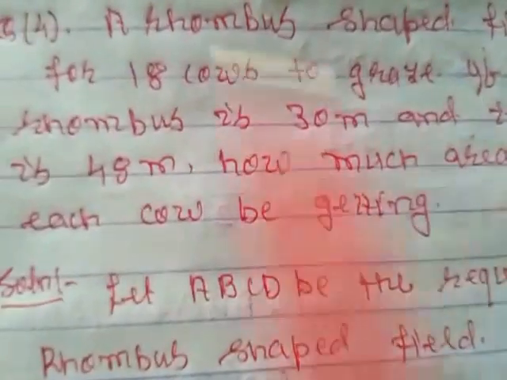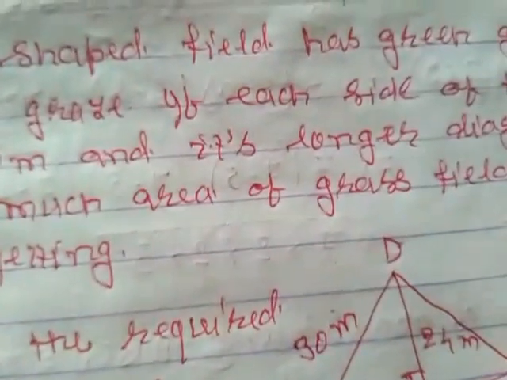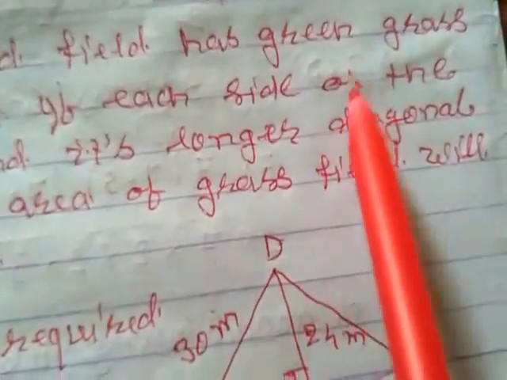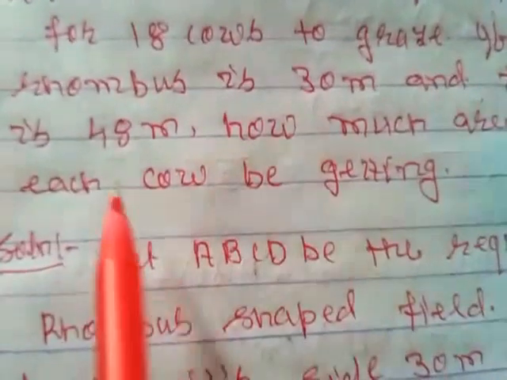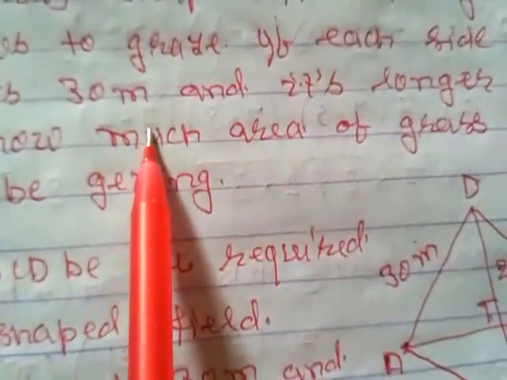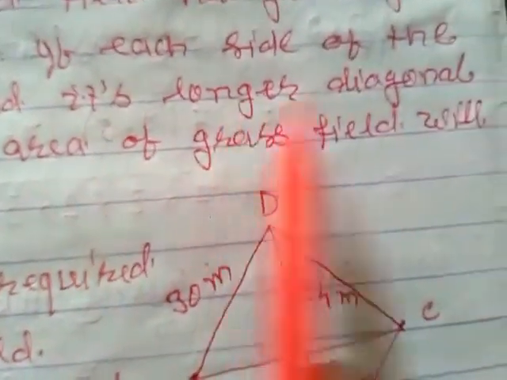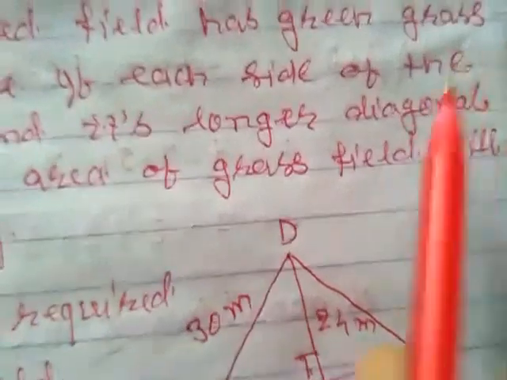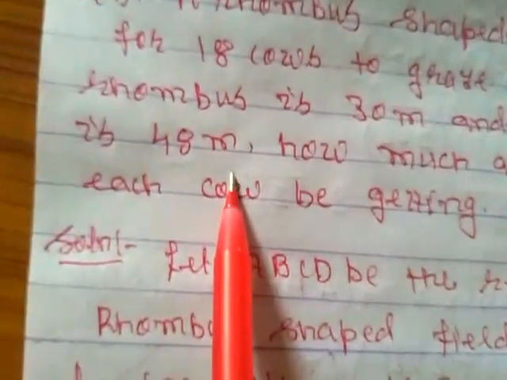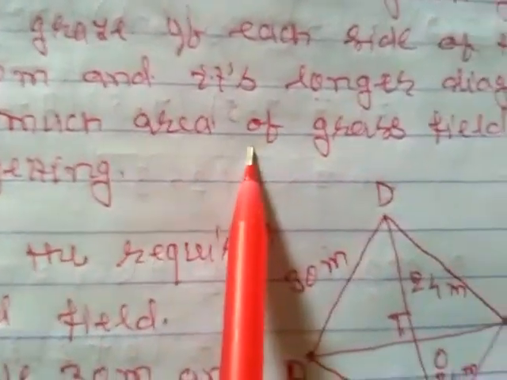If each side of the rhombus is 30 meter and its longer diagonal is 48 meter, how much area of the grass field will each cow be getting?